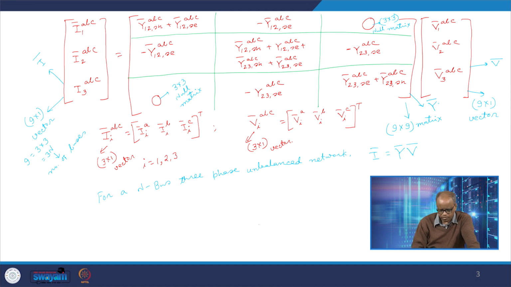So I is equal to YV, where I would be a 3n cross 1 vector, V would be a 3n cross 1 vector, and Y would be a 3n cross 3n matrix.